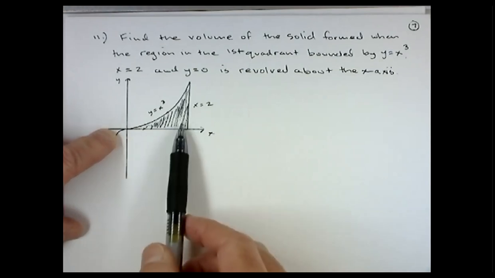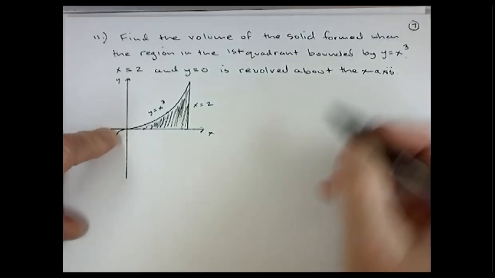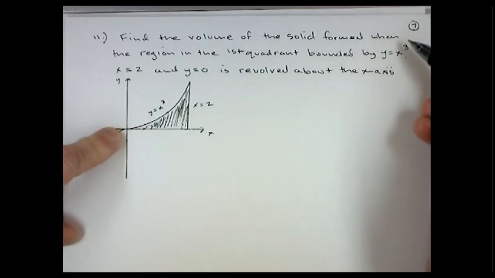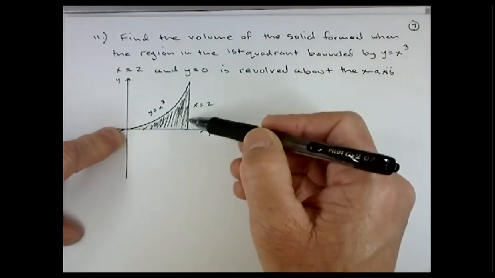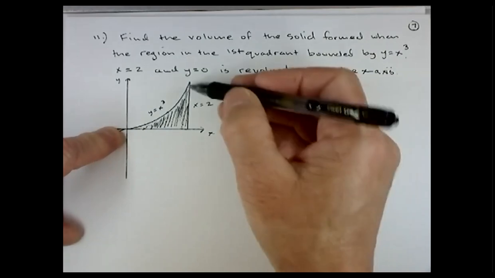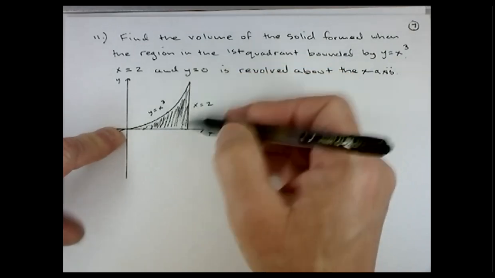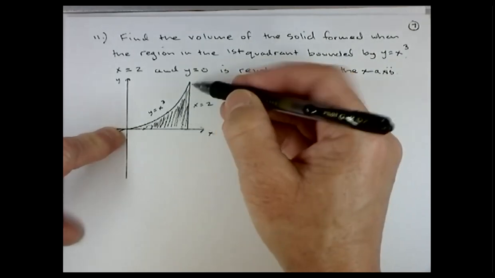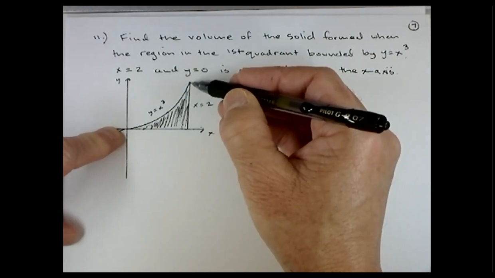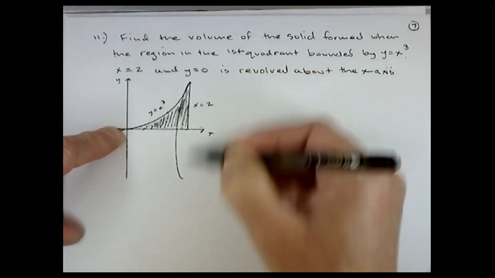So I've got this little sliver of area there. And this is an area. This isn't a solid, right? This doesn't have any volume yet. But the way we're going to generate a solid, you kind of have to use a little imagination here. Imagine if you took this as a flat piece of paper or something, and you revolve it around the x-axis. So you take it around this giant circle.